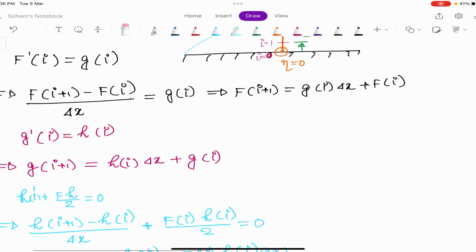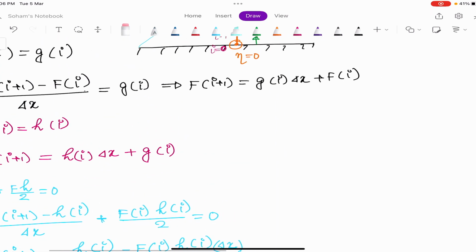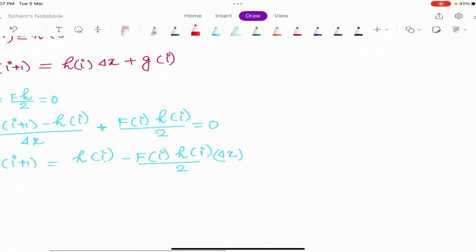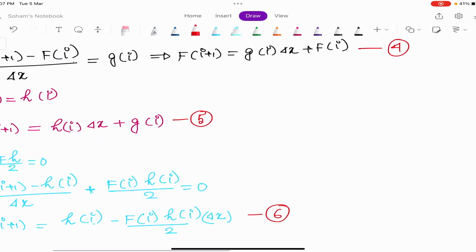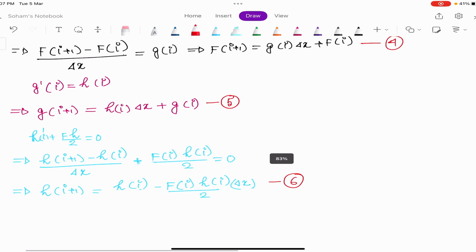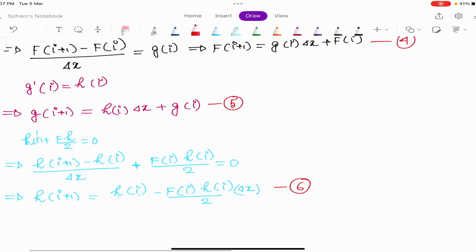Okay, now I have these three equations. Let me number these as 4, 5, 6. Now put I equal to 0 in each.